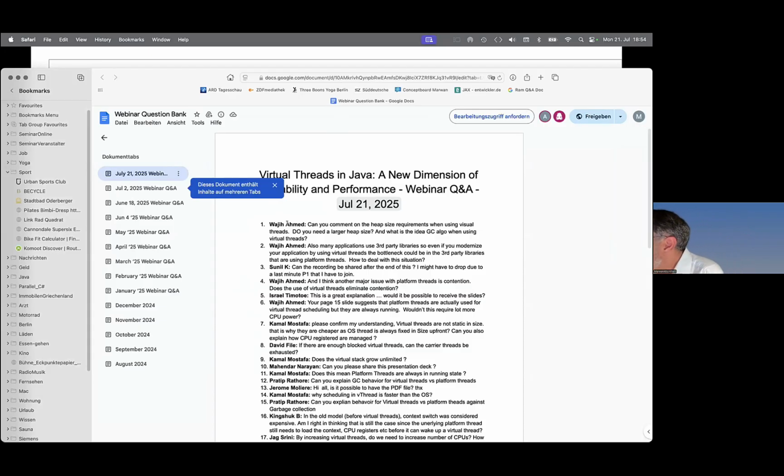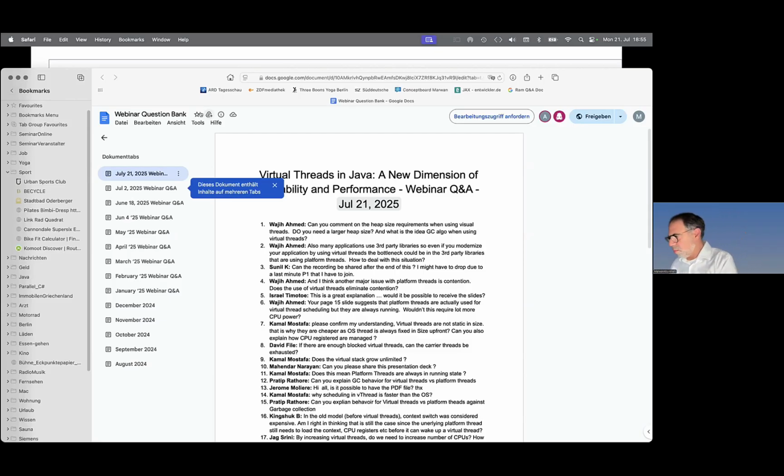Can you comment on the heap size requirements when using virtual threads? Do you need a larger heap size? And what is the idea of garbage collector algorithm using virtual threads? Okay, because the virtual threads will store their stack chunks on the heap, it can be that you need more heap space.